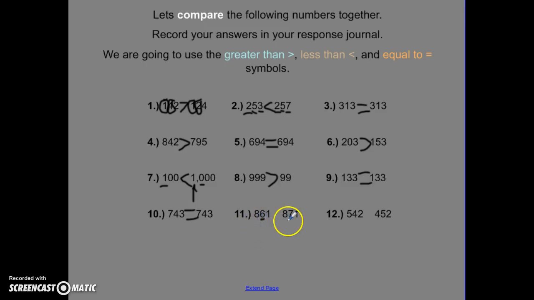And in 871, I see a 7 in the 10 spot, telling me that 7 is more than 6. So 861 is less than 871. Lastly, for number 12, we have 542 and 452. I see that this one has a 5 in the hundreds and this one has a 4. So that's telling me that 542 is greater than 452.